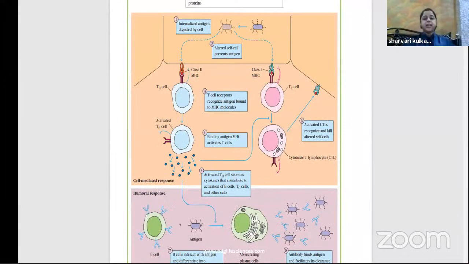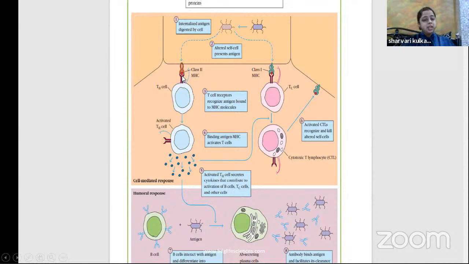See here, this is a diagram of cooperation and what cells are involved in the immune response. You can see in the beginning here, it is internalized antigen digested by the cell. The altered cell presents antigen. Then there is class 1 MHC, class 2 MHC.